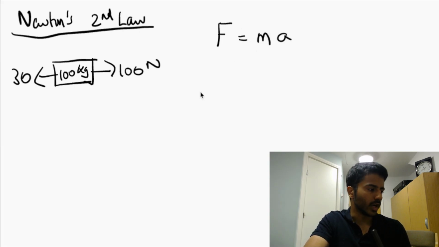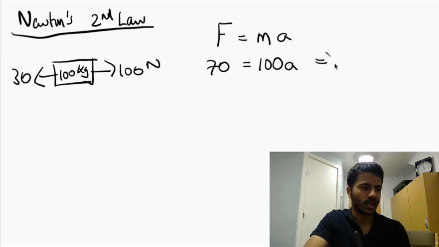So using this equation, we could work out the acceleration of this body. We know that the resultant force is 100 minus 30, that is 70, equals 100 times A. So if you calculate A, you'd get 0.7 meters per second squared.